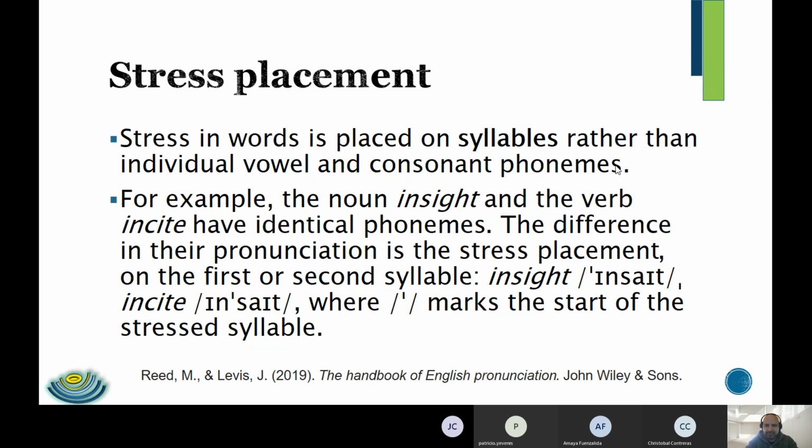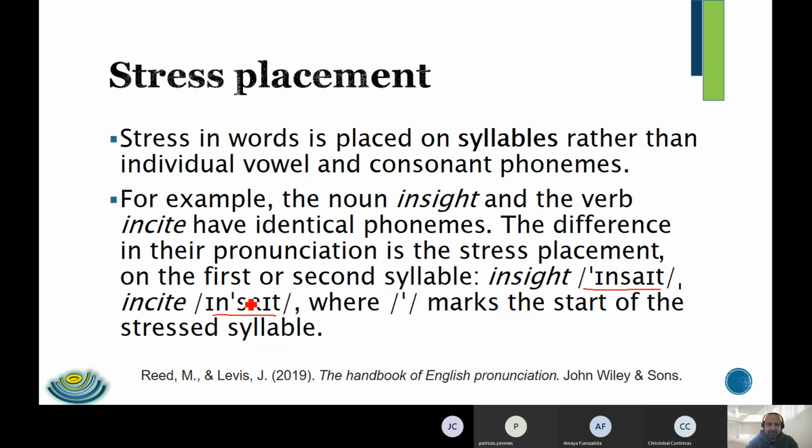In the case that Cristobal read, insight and incite, basically it is the stress placement that makes the difference between these two words, right? And they have identical phonemes, as you can see in the phonemic transcription.